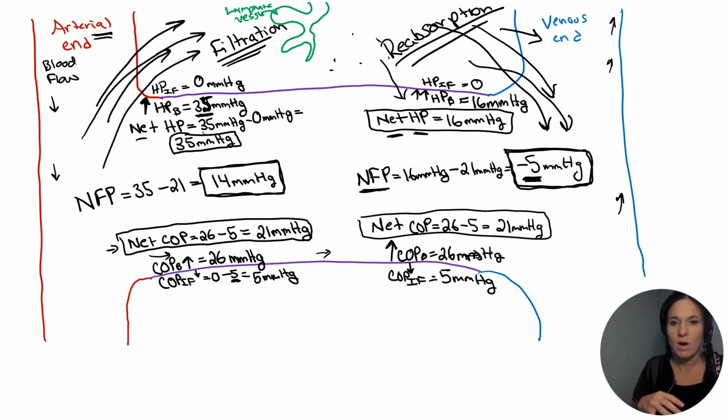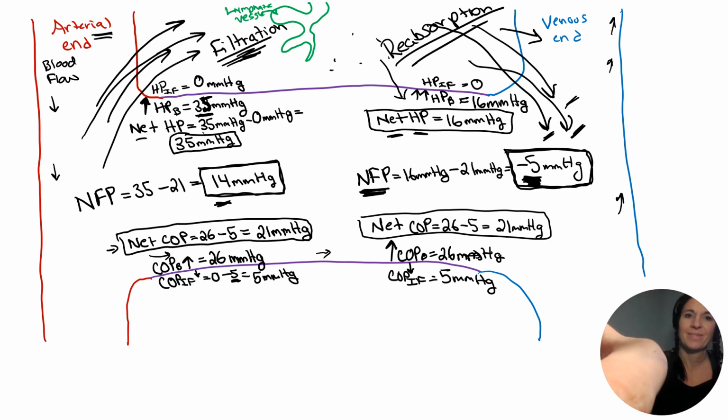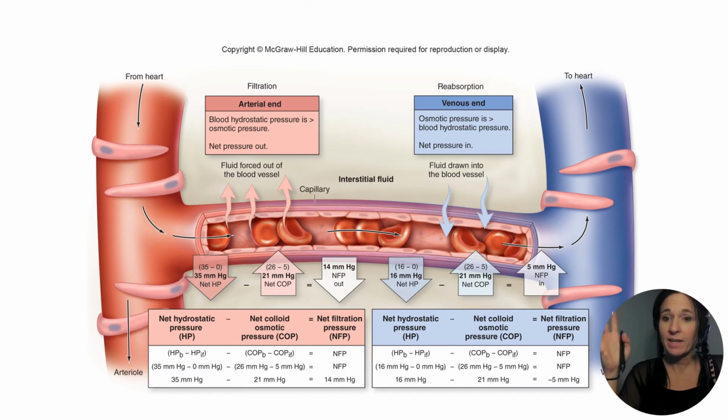But this is what our textbook uses, so I'm going to say net filtration pressure, and the negative number is promoting reabsorption. The positive number is promoting filtration. And of course, we can follow that with a much nicer picture from the textbook, but drawing it out really will help make sense out of everything.